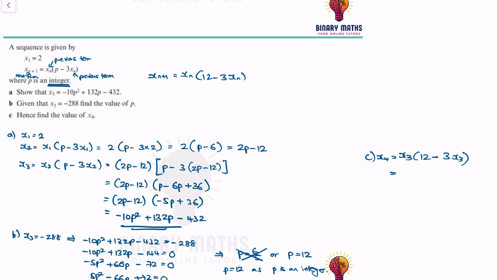We know x3 is minus 288, so it will be minus 288 times 12 minus 3 times minus 288. Put this into our calculator, you get minus 252,288.